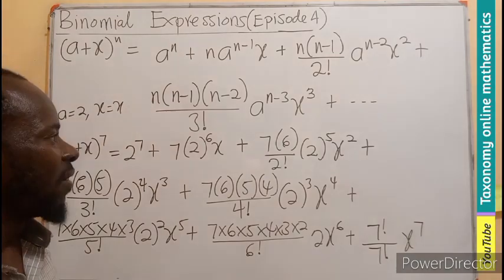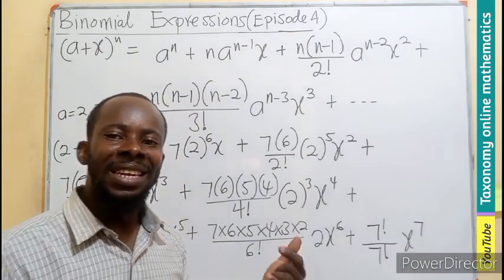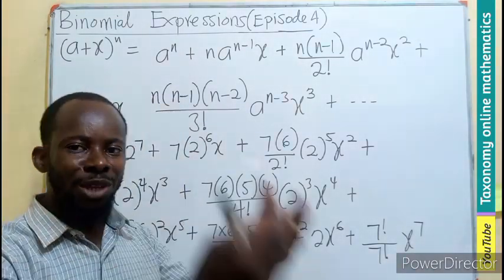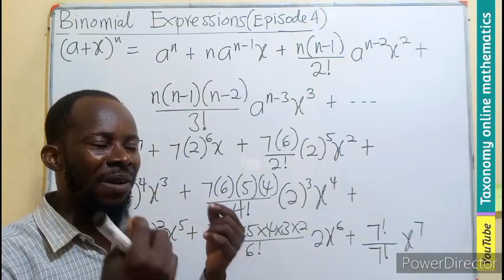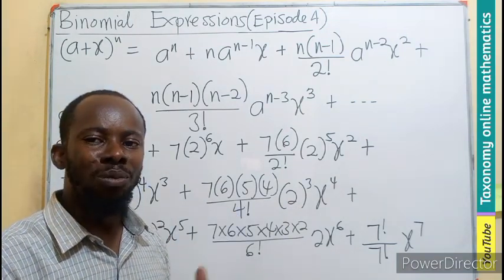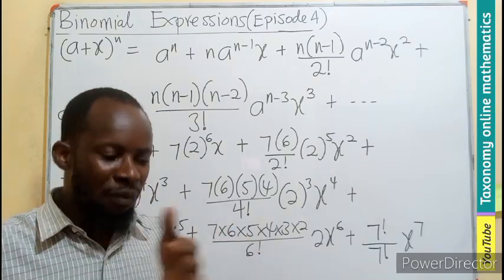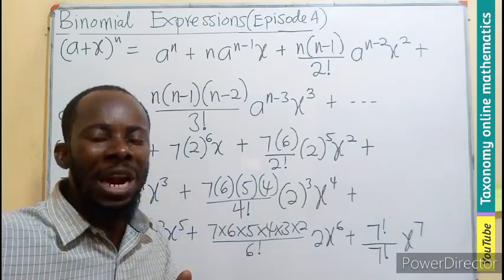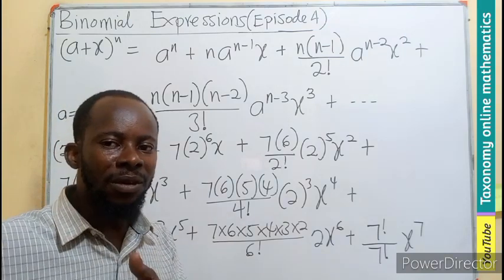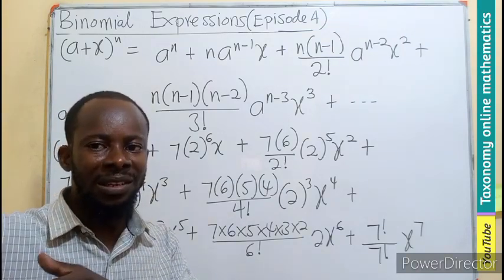Now, for me to explain, the factorial is dealing with natural numbers. That is, if I say factorial of 4, that is multiplication of positive integers from 4 down to 1. It's a positive natural number, so it means 0 is not part.